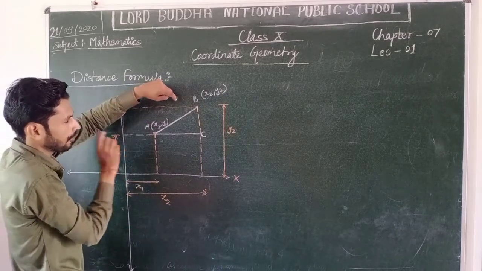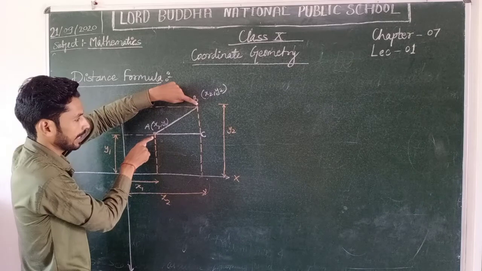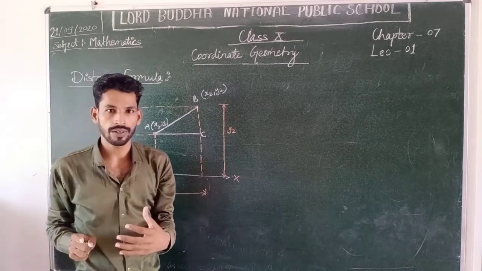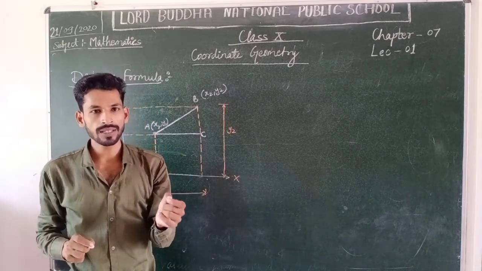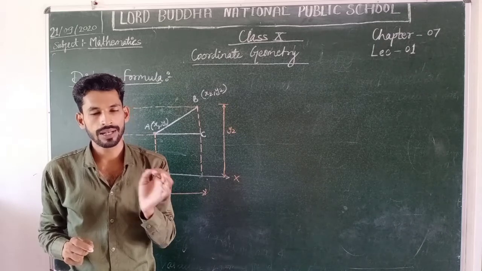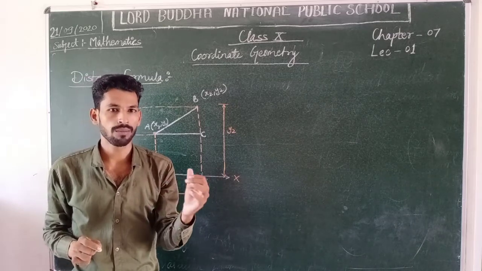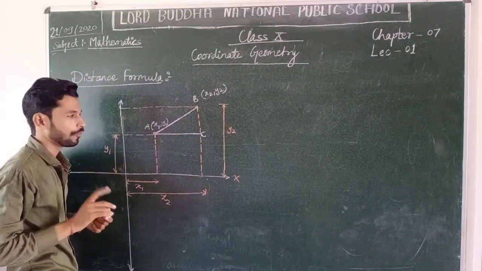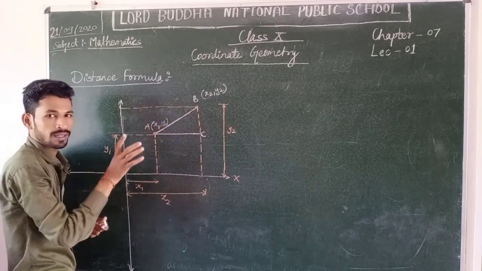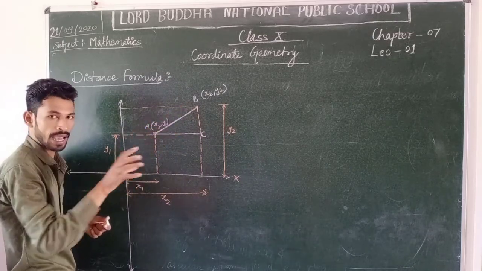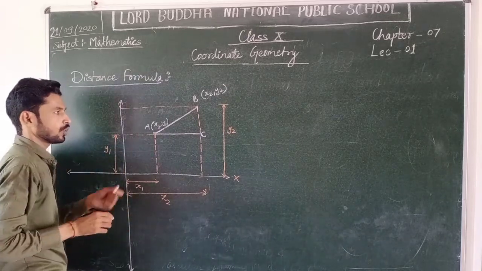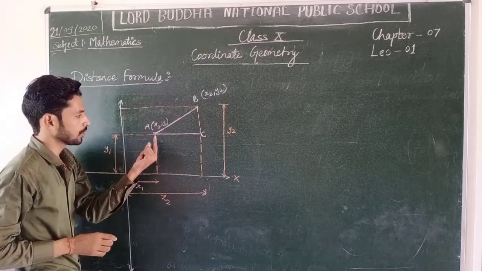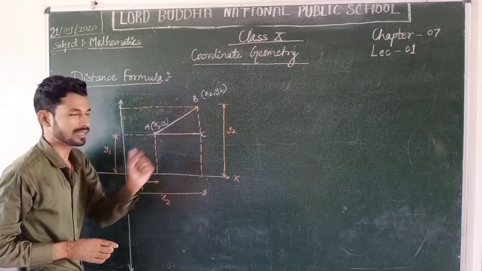So if we want to calculate the distance from A to B, then we can apply the Pythagoras theorem, because the Pythagoras theorem stands for calculating the value of the hypotenuse with regard to the base and the perpendicular. So by applying the Pythagoras theorem, we can find out the value of AB, because in this triangle AB is the hypotenuse. Now to apply the Pythagoras theorem in this triangle, we will need the value of AC and BC.